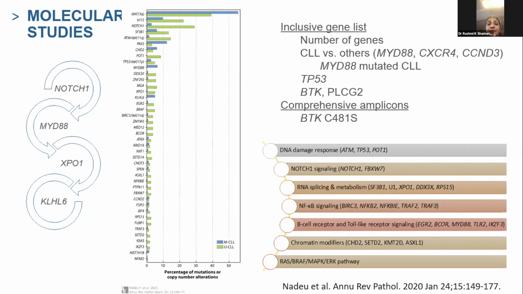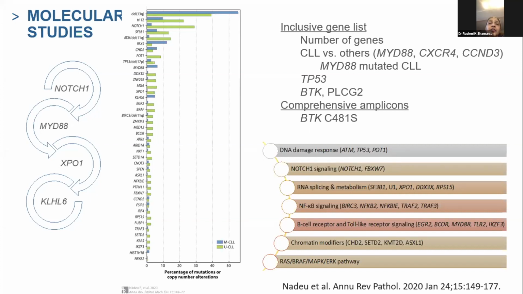In addition, the complexity of CLL is compounded by the fact that the genomic profile changes with time, even without therapy. So the profile is different at the time of diagnosis or sometime later, and it's important to sequentially perform this whenever treatment is planned.